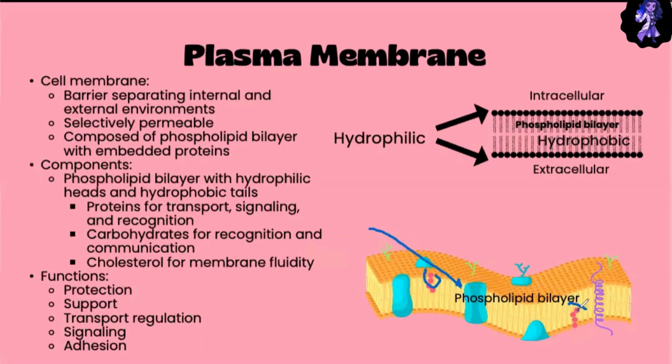I can't zoom in and see, but one of these is the cholesterol, and the purpose of that is membrane fluidity. So just know for now, you have carbs, you have cholesterol, you have proteins. They're all embedded in the phospholipid bilayer, and they do serve a purpose that you're going to follow through with later units. For now, you just need to know it provides a selective barrier and these functionalities mainly in terms of the plasma membrane or cell membrane.